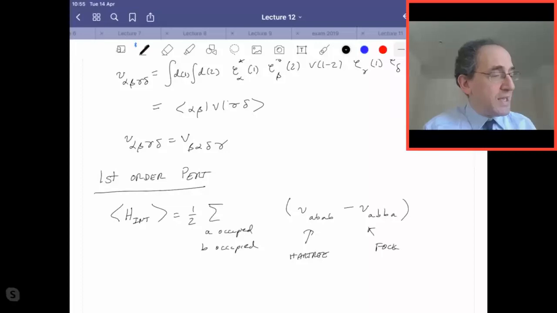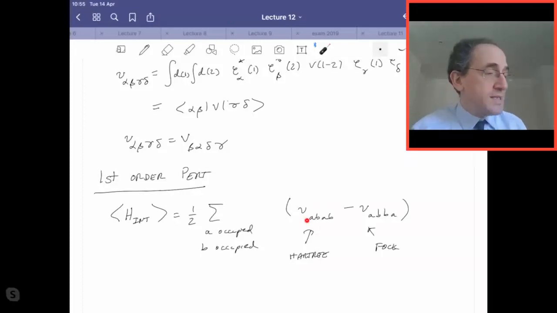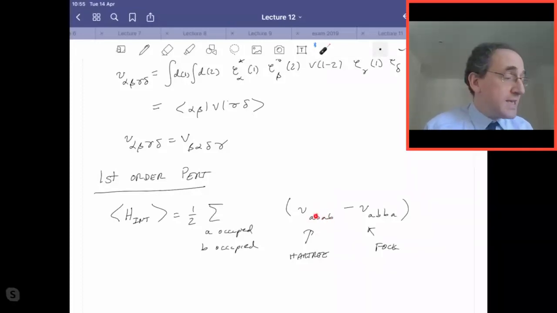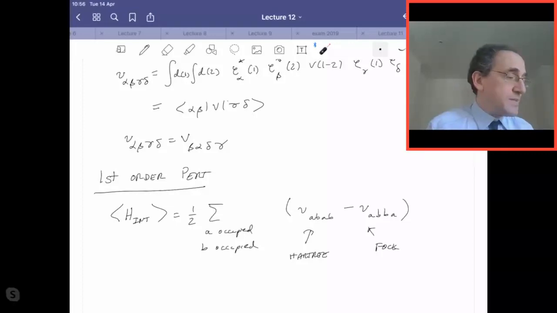And notice that the Fock term comes with a minus sign. So if the Hartree term is a repulsive density-density interaction, like Coulomb interaction between two electrons, the Fock term will be attractive. It comes in with the opposite sign.